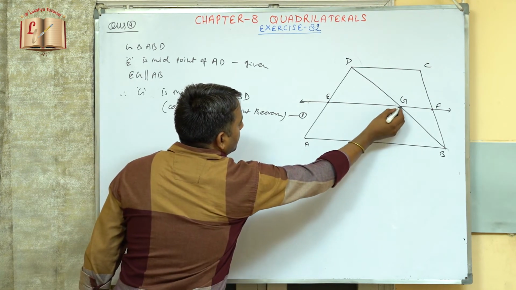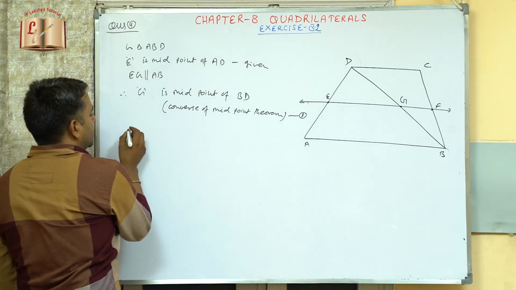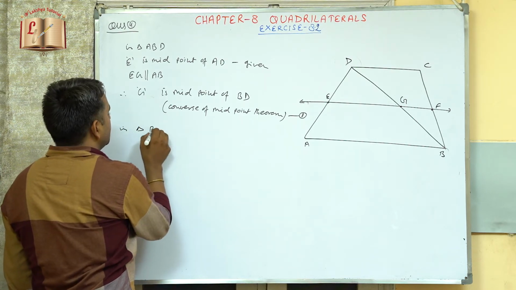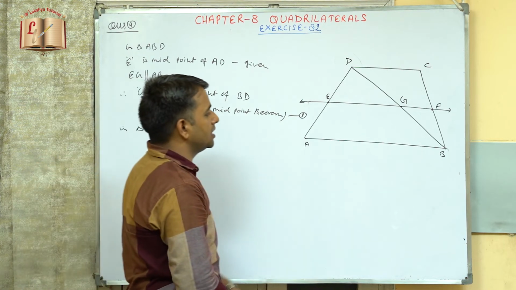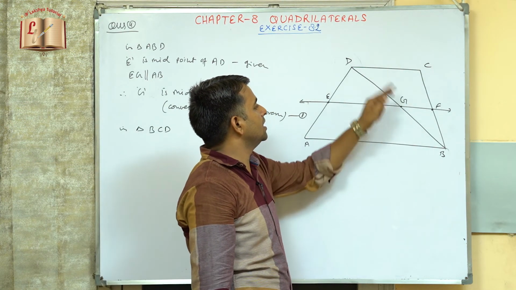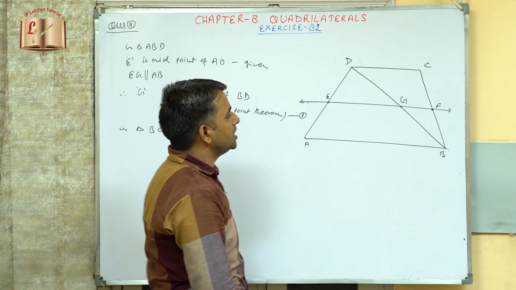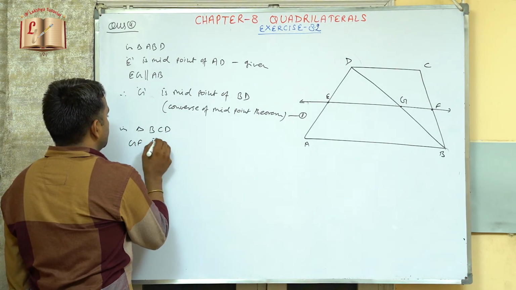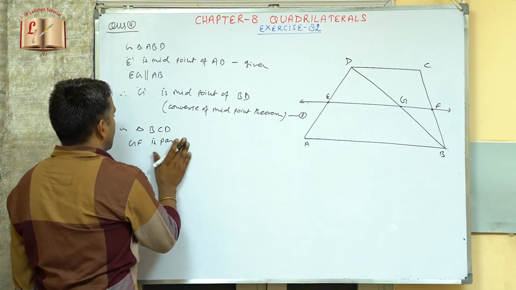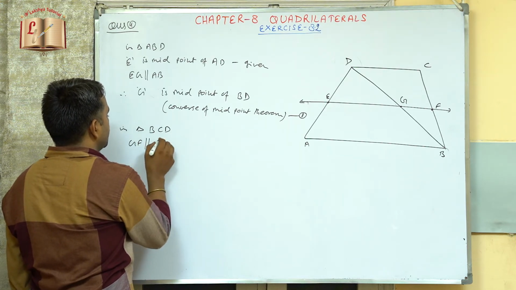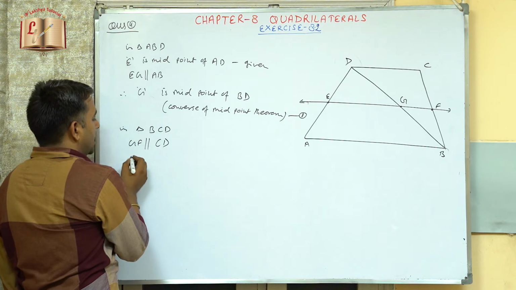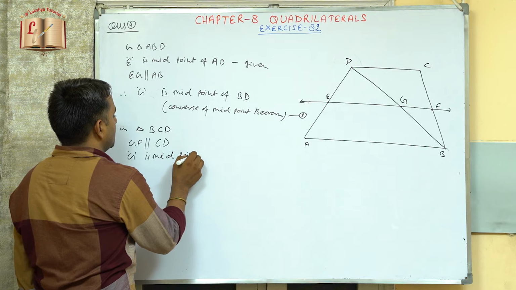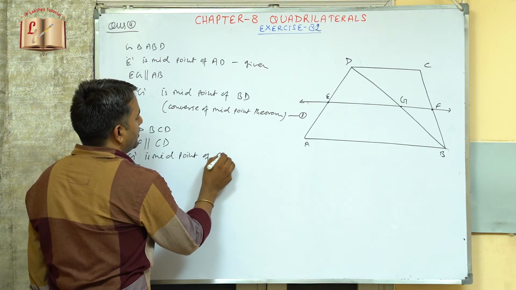this diagonal BD. Now we'll take triangle BCD. Now we'll consider this triangle BCD. In this triangle, GF is parallel to CD. We can write GF is parallel to CD and G is the midpoint of BD.